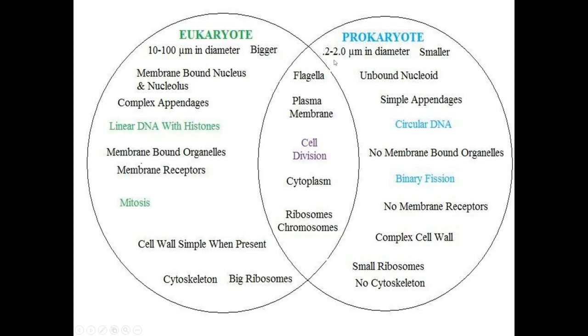So these are numbers that I expect you to kind of have an idea of, because this is what helps us sometimes determine what kind of cell we're looking at. We can measure the size. Let's just say we measure it and it's 75 micrometers, we can feel pretty confident that the cell we're looking at is a eukaryote.